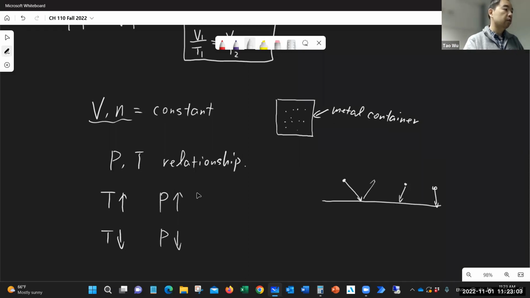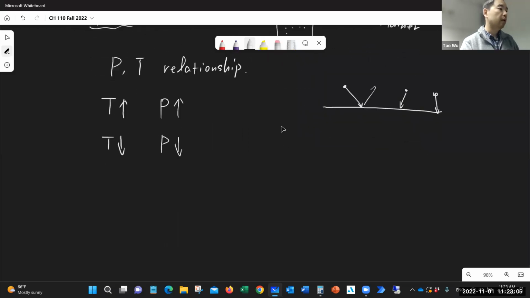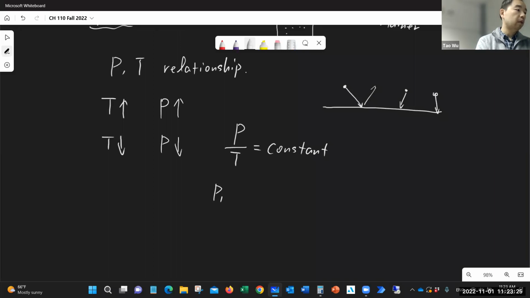Okay, so there's the relationship. If you want to write this, you can write P divided by T is a constant. Pressure over temperature is a constant. Or if you have two points, you can also write P1 divided by T1 equal to P2 divided by T2.